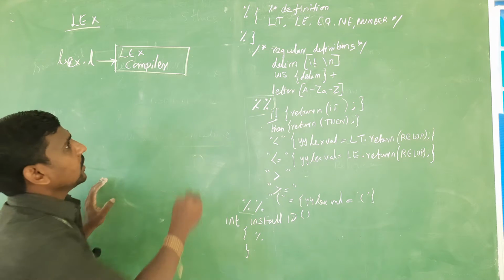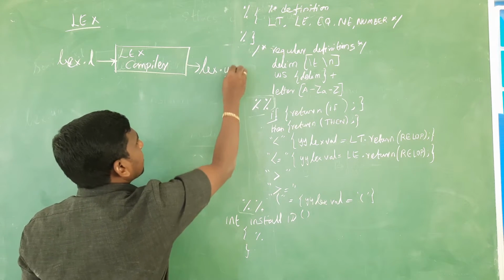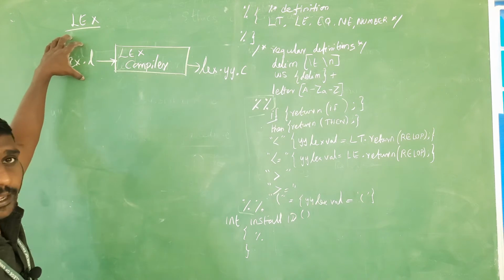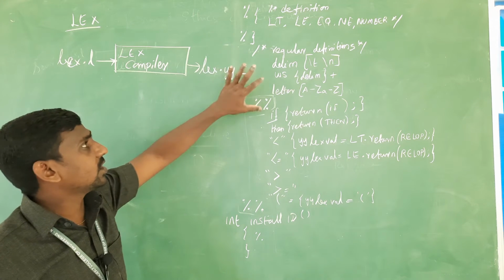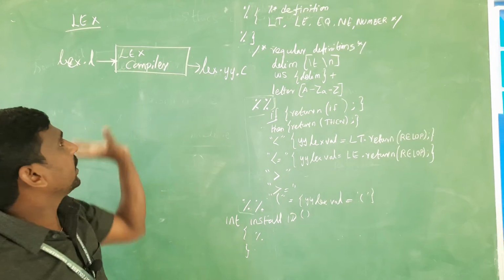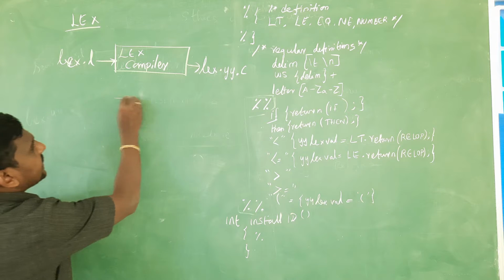We give this Lex file as input to the Lex compiler. The output file is lex.yy.c. It means if you give a Lex program, a C file will be generated, that is the lex.yy.c file. That is the duty of the Lex compiler. The second one is the C compiler.